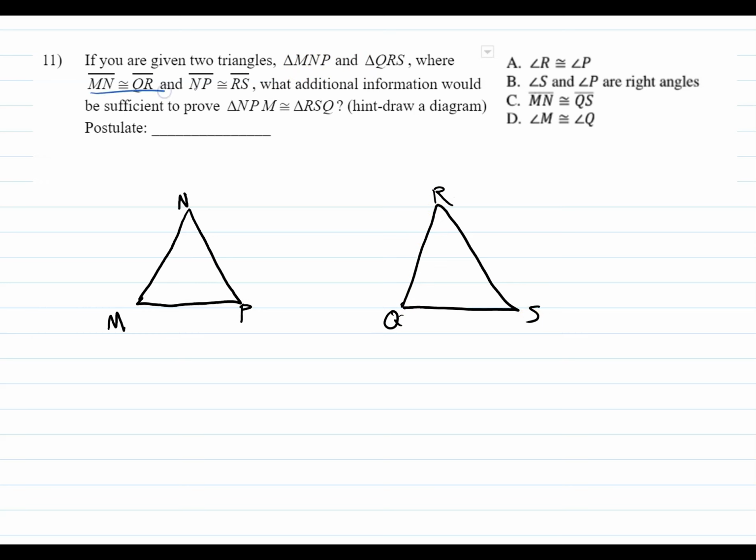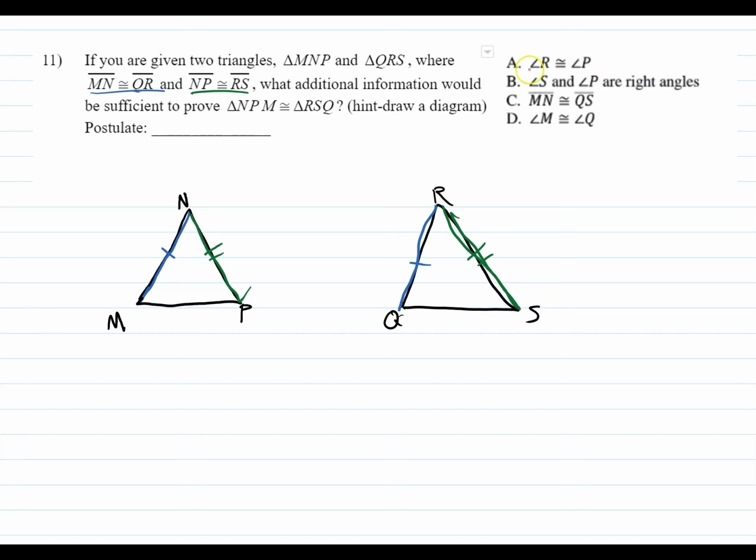We know MN and QR are the same. They correspond. So I'll put a single tick mark on those sides. And NP and RS correspond. Double tick mark on those sides. And this is not enough info to prove them congruent. So we need one more piece of info.